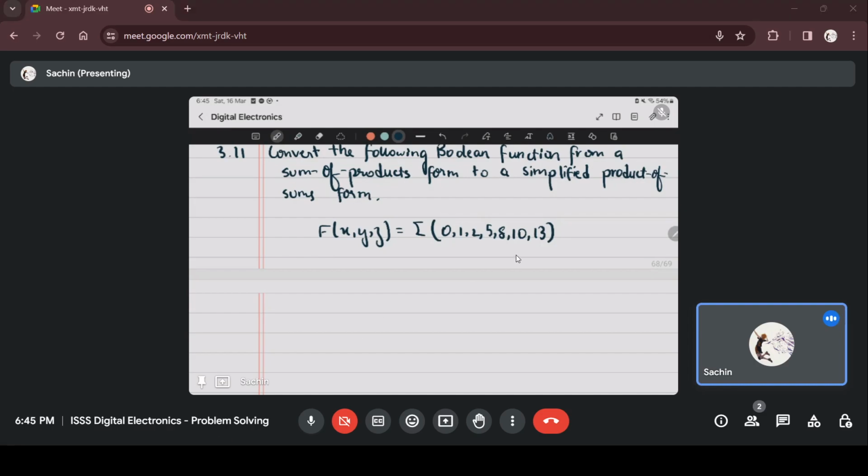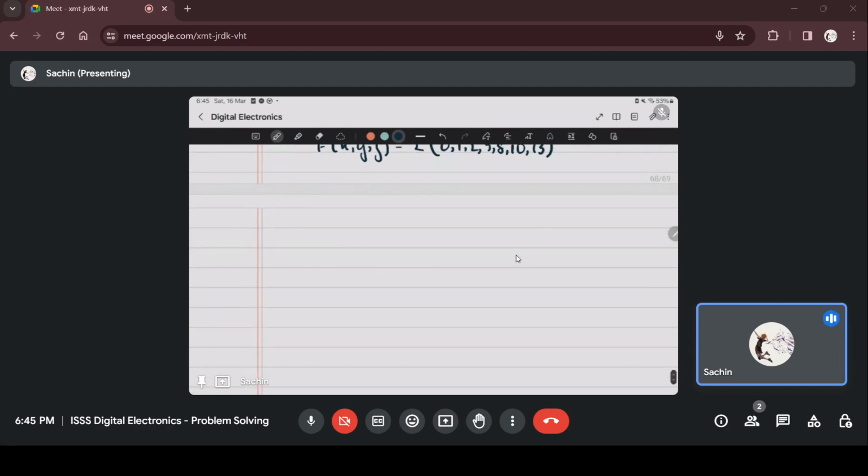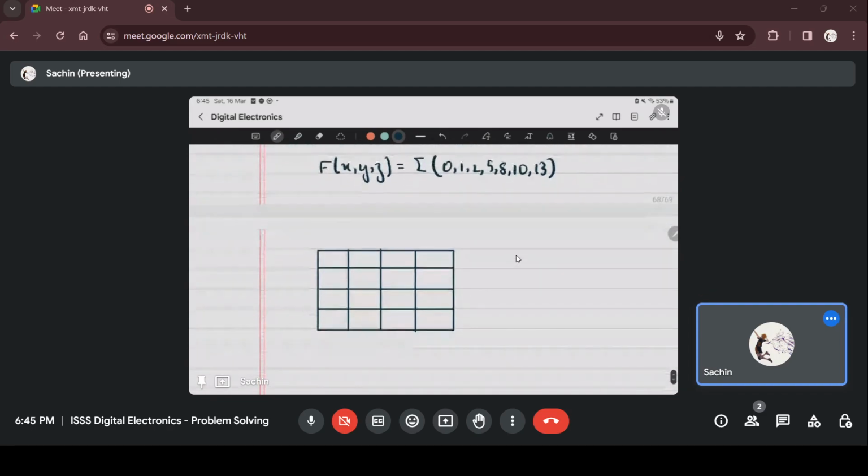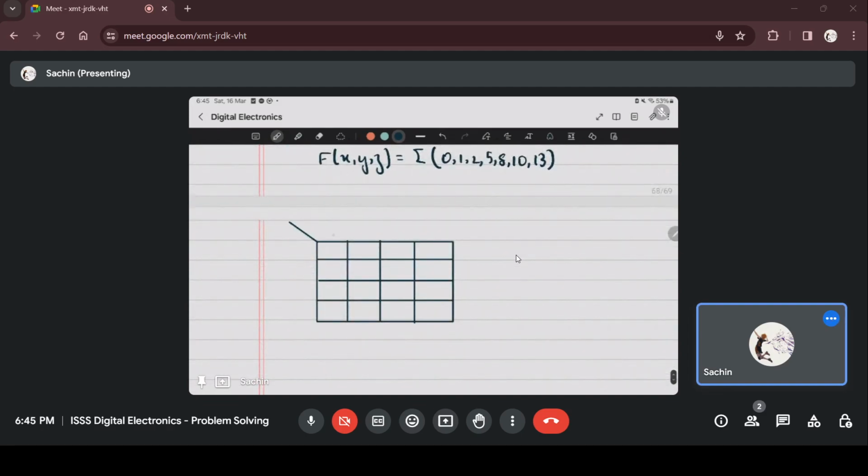Okay, let's see the solution of this question. First, we'll draw the K-map. Then this will be 0, 0, 0, 1, 1, 1, 1, 0.